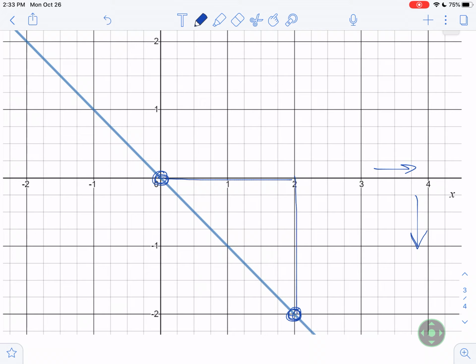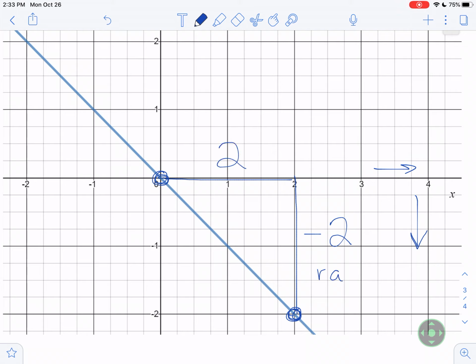What you'll notice this time, instead of rising, it's falling from 0 down to -2. So from 0 down to -2. So our fall is 2, and our run going this way is 2.